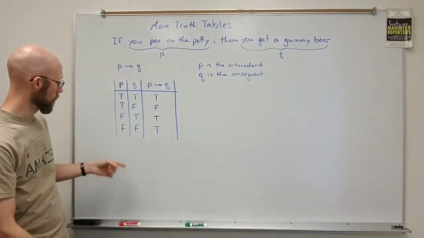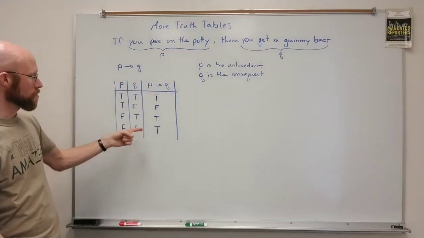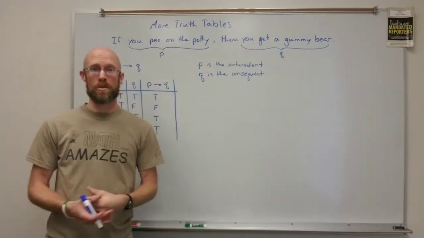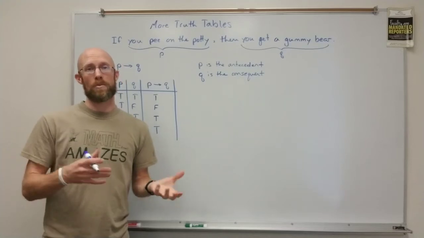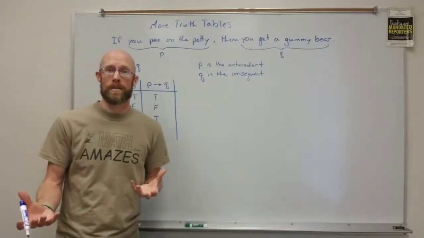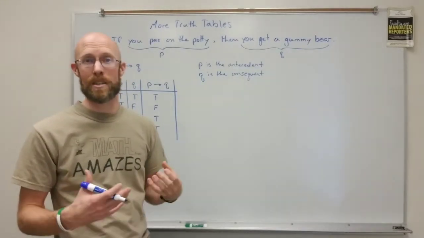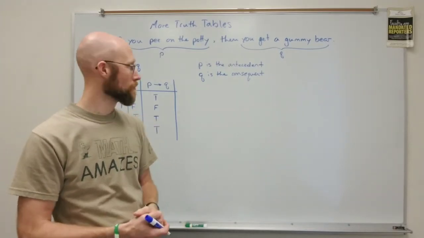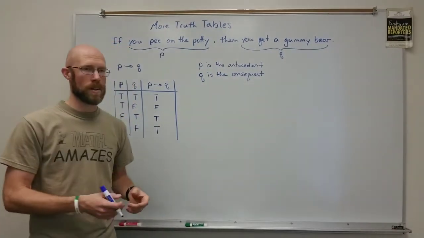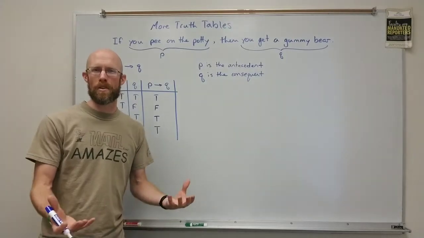If the sky is light and it doesn't rain, then the original statement was still true. It didn't really apply, but you weren't lying. You didn't do anything wrong. It's still a true statement because it kind of doesn't apply there. It wasn't proven false.